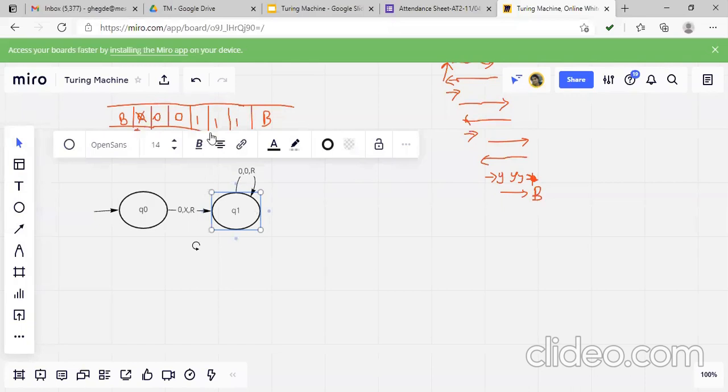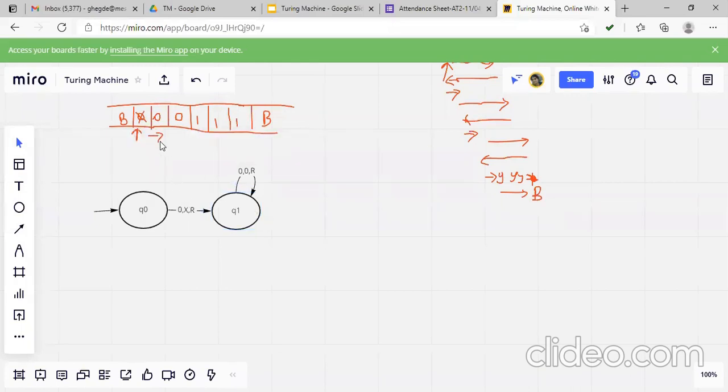When will we stop? We'll stop when we have encountered a 1, and we'll convert that to y.